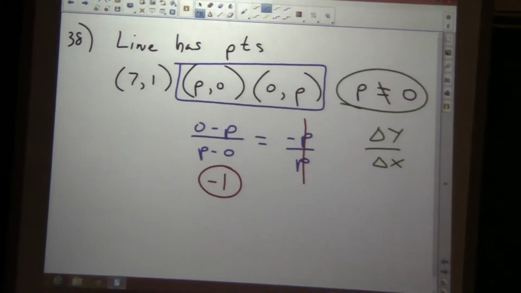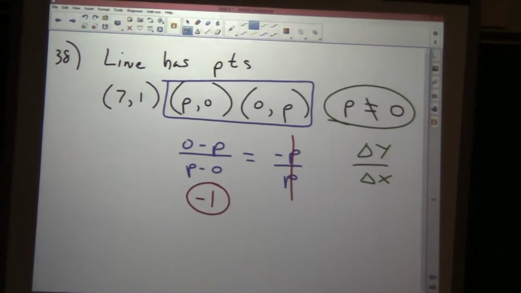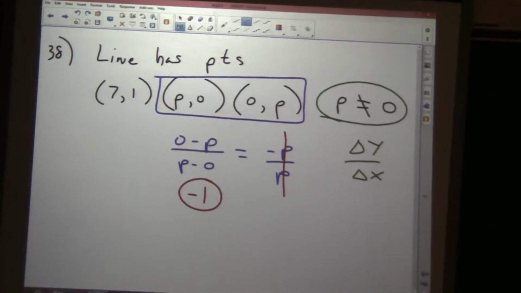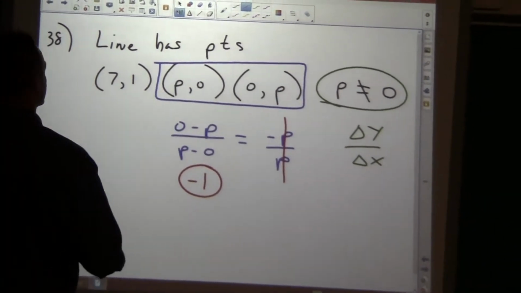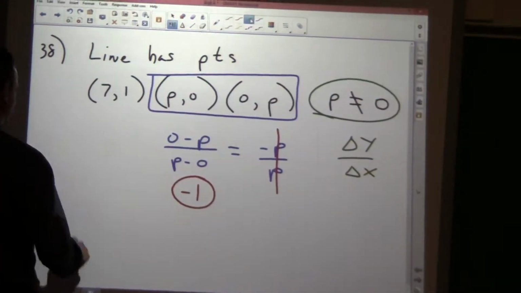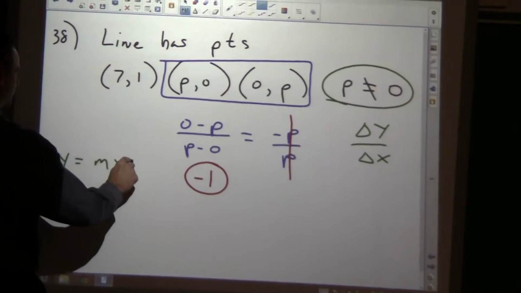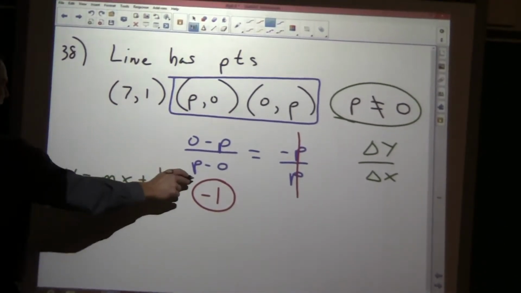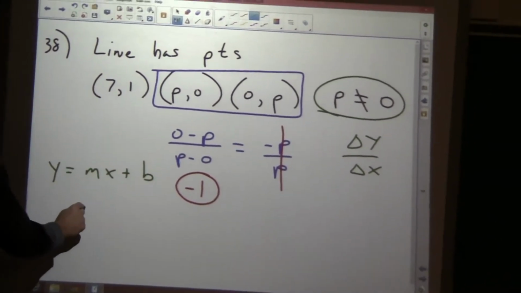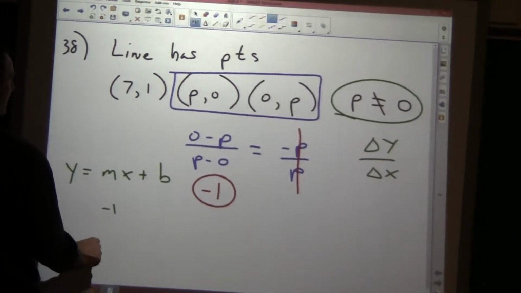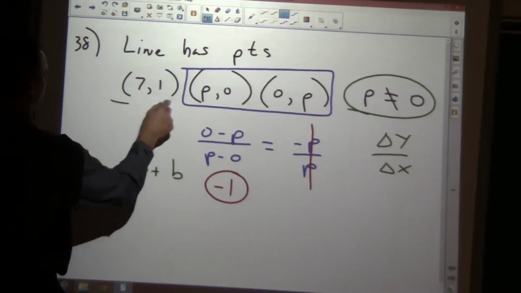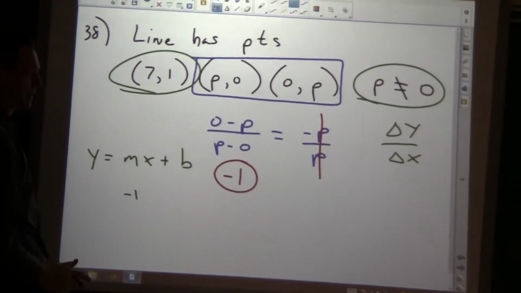So they wanted the equation of the line. You now have the slope. So I can rewrite this as y equals mx plus b. I have the slope, m. I have plenty of points. I'll use this point because it's the one that has both constants.